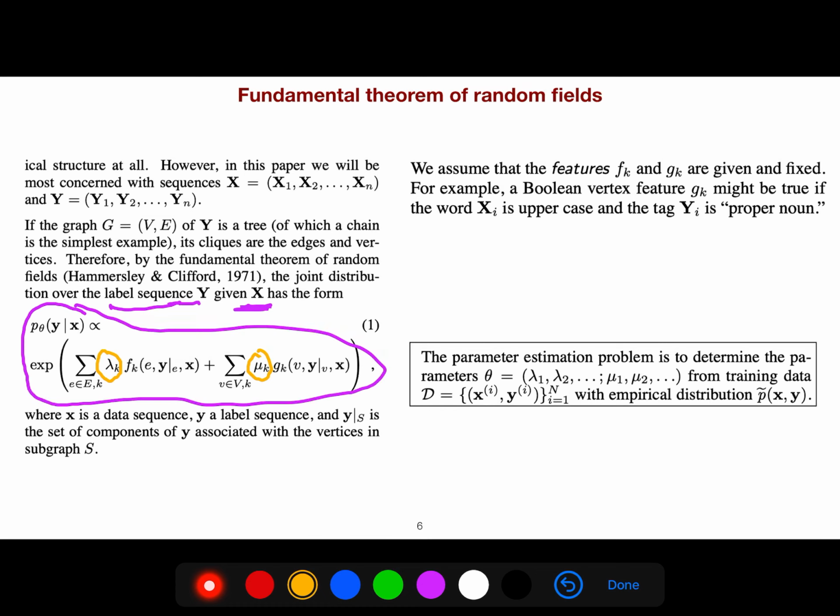Related to emission, these functions f k and g k, we assume that they are given and fixed. For example, g could be Boolean, but in the next lecture we are not talking about Boolean features anymore. They're hard to compute.